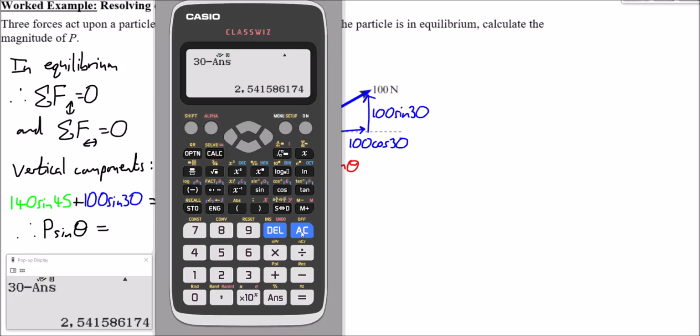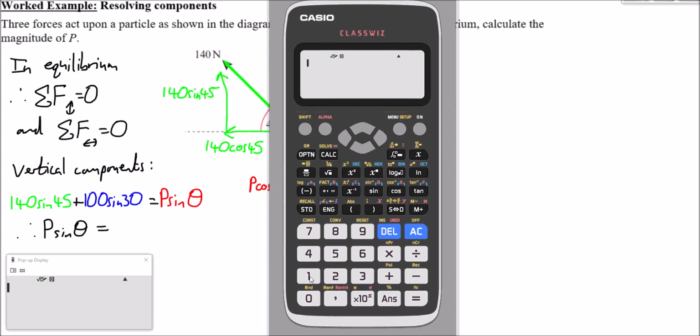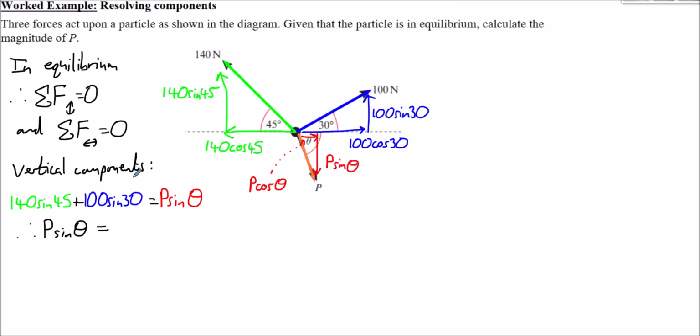So let's work it out. Press equals. Because it's not a final answer, you could either leave it in this exact form, or round it to lots of decimal places. I'm going to leave it as 50 plus 70 root 2. So I'm going to just box this off.